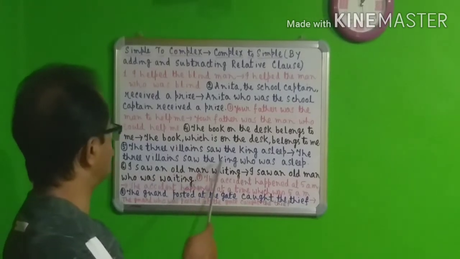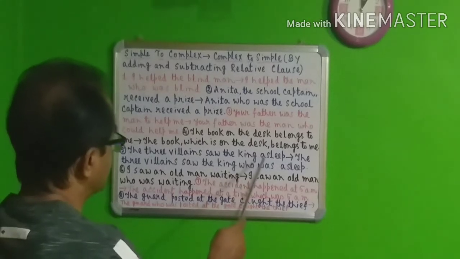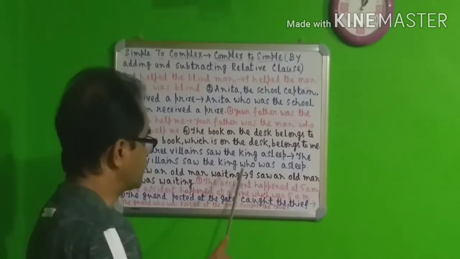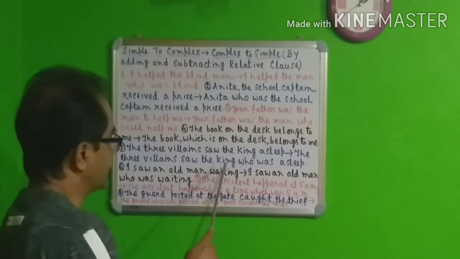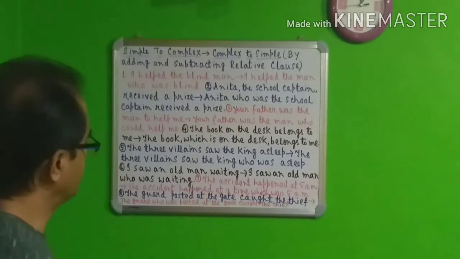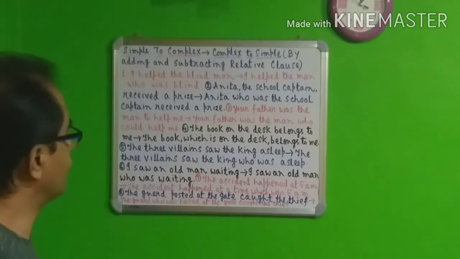The three villains saw the king who was asleep. Saw the king asleep has been changed into saw the king who was asleep. So the relative clause is who was asleep, and it has been placed after the noun king. It is qualifying the noun king. So it is an adjective clause.